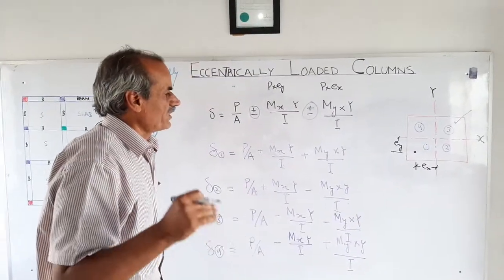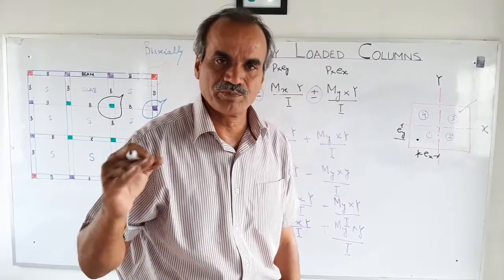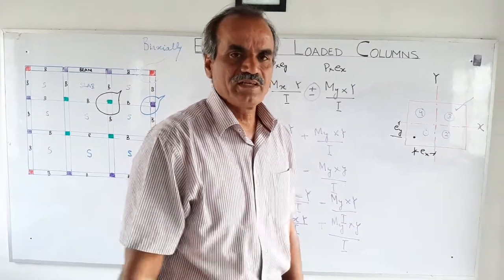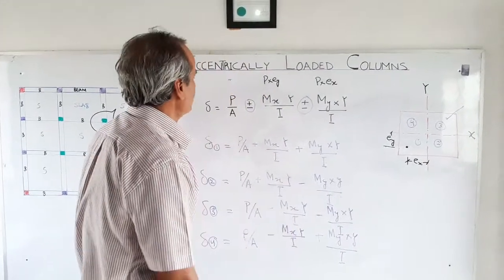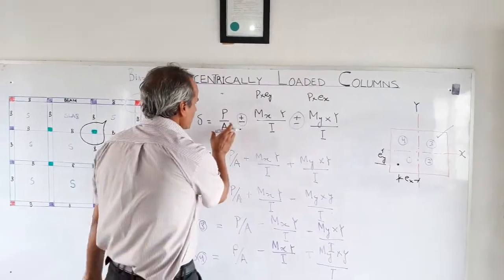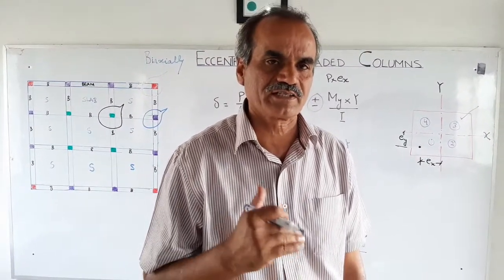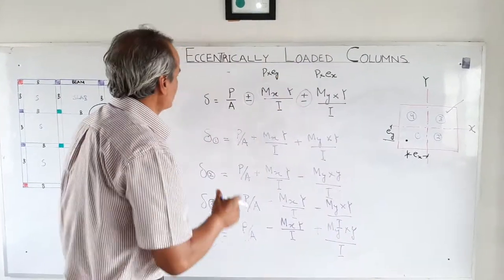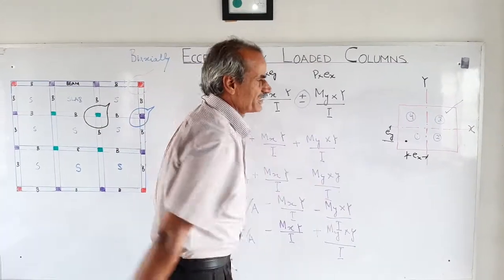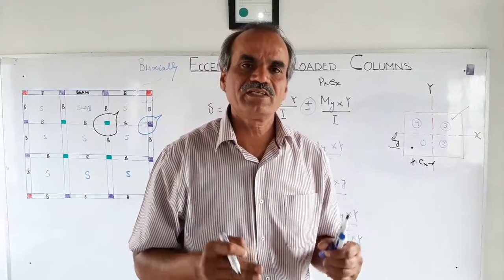So in case of a load which has dual eccentricity, causing moment about both the axes, the stress formula will have three terms like this, and the first term will have the same sign in all the four quadrants, because it is causing direct compression, and in case of the second two terms we will choose the signs the way I have explained, depending on in which half of the cross section the load is acting with the eccentricity.